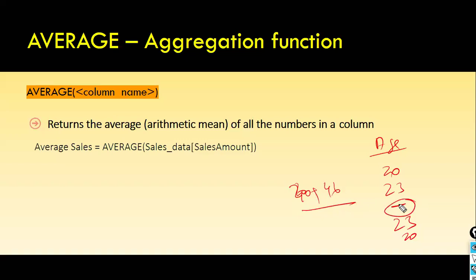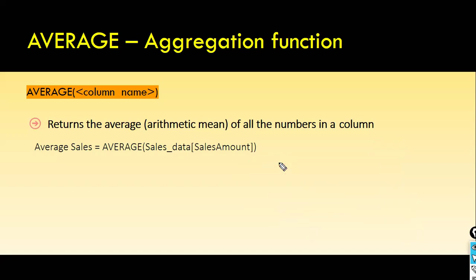Divided by, if it takes into account the blank, 5 will come, right? That is wrong. The blank value will get ignored ideally. So that's how we do it. 86 divided by 4. So average age is 21 point something like that. So it will ignore the null value in the numeric column.